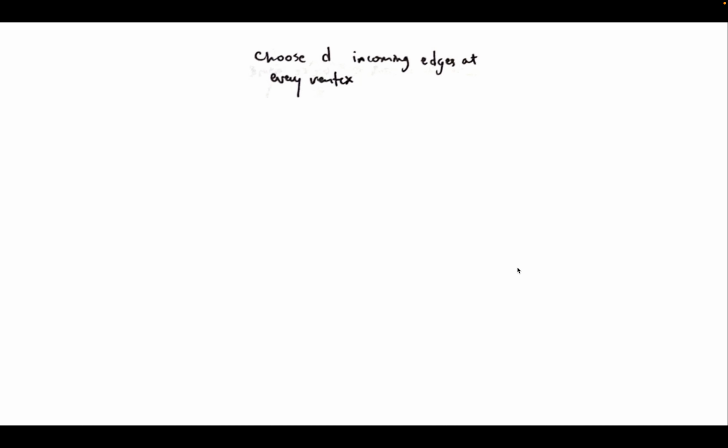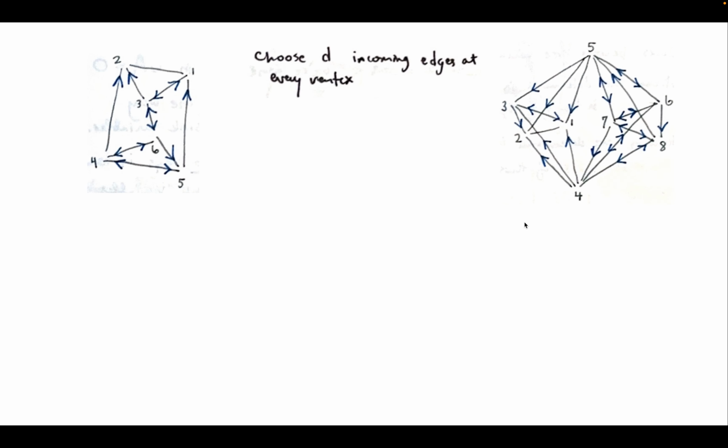So what we're going to do is choose D incoming at every vertex now. So I've done it there and I've done it there. And all I've done is just completely arbitrarily chosen D edges as incoming at every vertex. So every edge now has either 0 arrows, 1 arrow, or 2 arrows. We're going to call them sink, stream, source. So over here, edge 1, 2 is a sink.